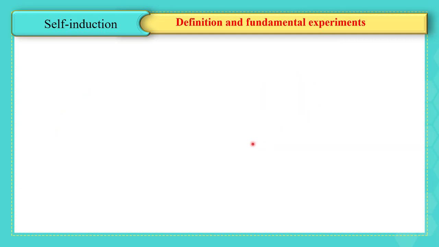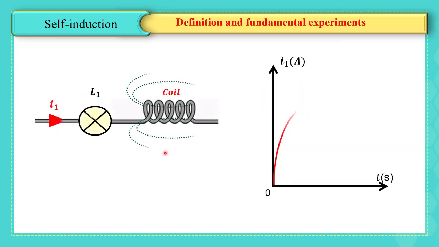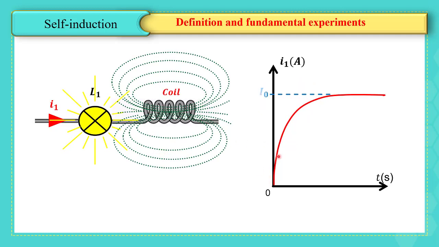Faraday's law can be used to describe this effect. As the current increases with time, the magnetic flux through the circuit loop also increases with time. This increasing flux creates an induced EMF in the circuit. The direction of the induced EMF is opposite to that of the EMF of the battery.